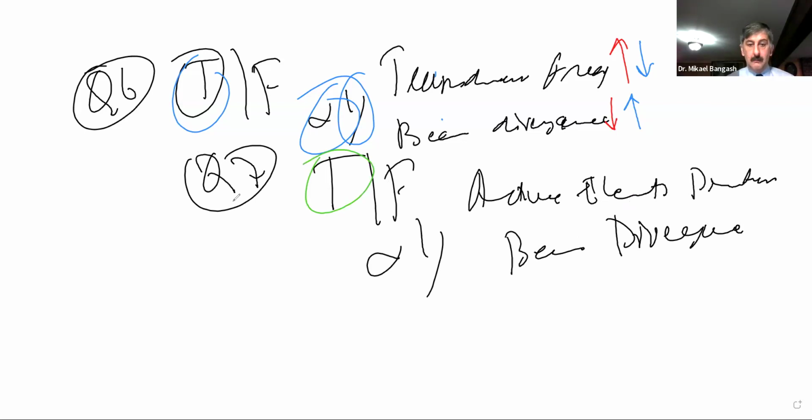That is true as well. Because what we know is that if we have a great active element diameter, that's going to mean a low beam divergence. Or if we have a small active element diameter, that's going to mean a great beam divergence.